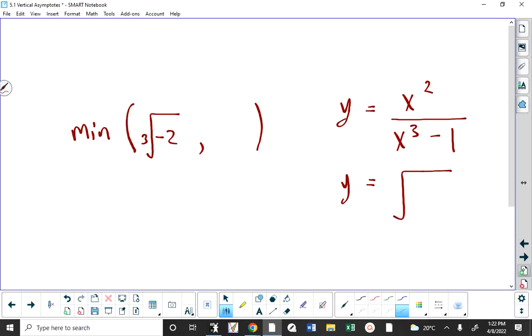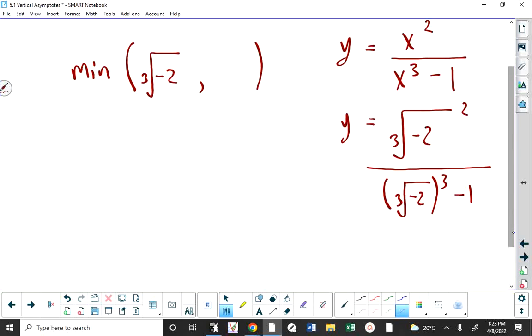We will have the cube root of -2 quantity squared over the cube root of -2 cubed minus 1. I am going to do this. Because we get, well, why not, negative 2 to the 2/3 over negative 2 minus 1.